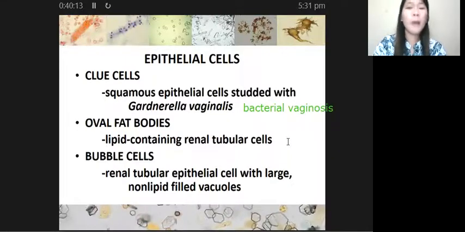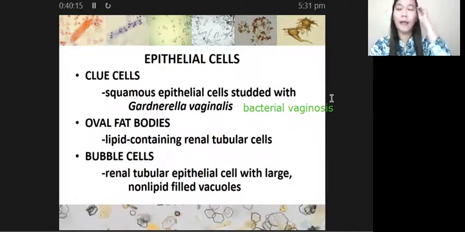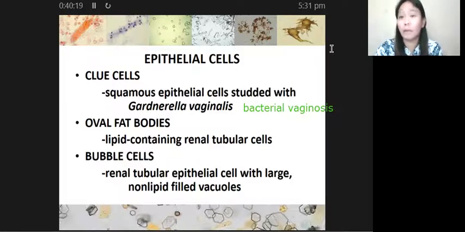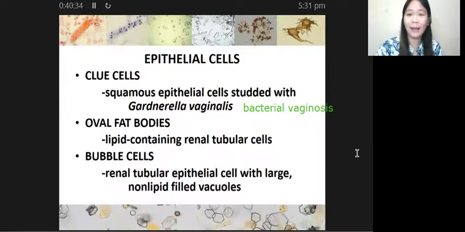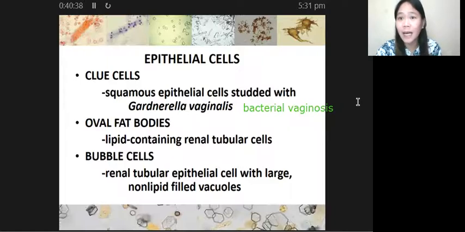Ma'am, bakit naman squamous epithelial cell lang? Tignan mo yung sakit na involved. Vaginosis. Sa may vagina yan. 'Di ba? O, meron bang transitional epithelial cell sa vagina? Wala. Okay? Meron bang renal tubular epithelial cell sa vagina?